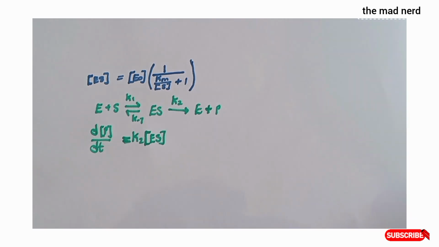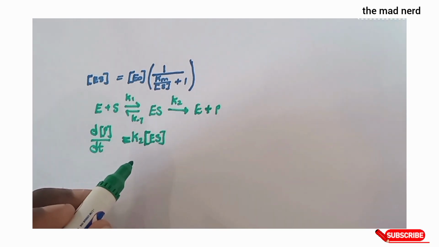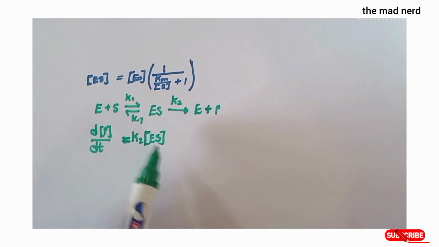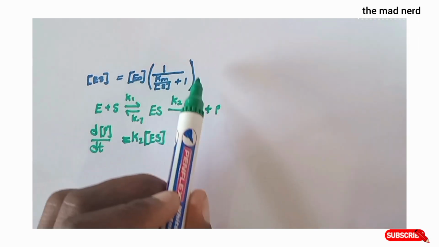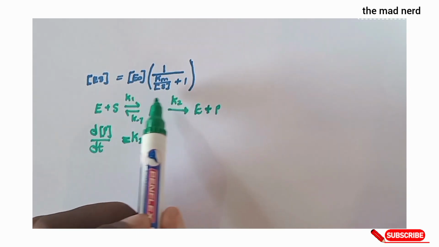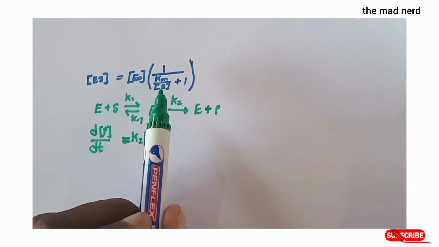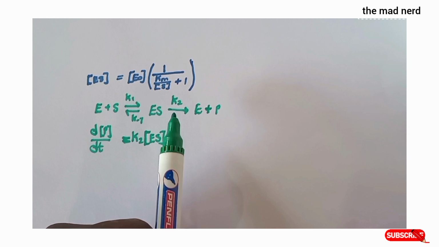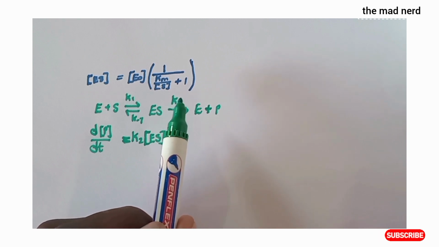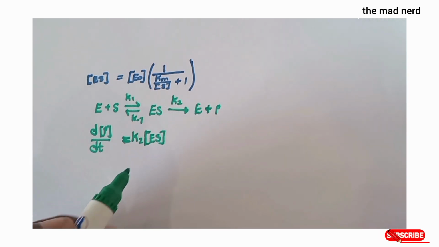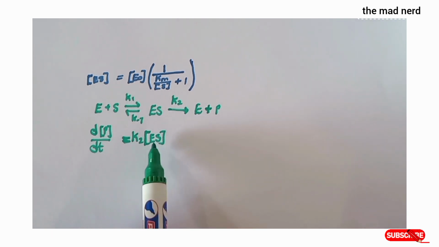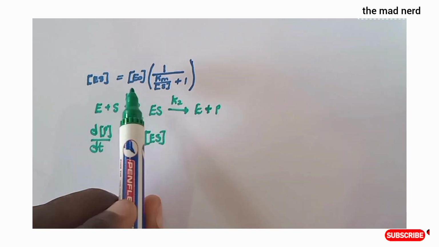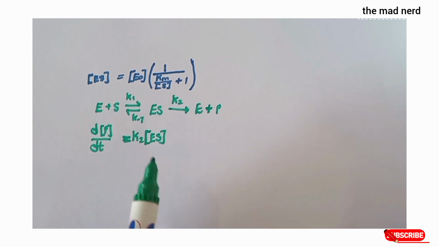This is the one thing that we needed to introduce so that we can finally get the answer for the derivation of the Michaelis-Menten. So now we know that the concentration of ES also equals that one over there: the E naught into 1 over Km over the concentration of S plus 1, then close those brackets. So if we have this ES over here, we can replace it with that thing because they are equal.